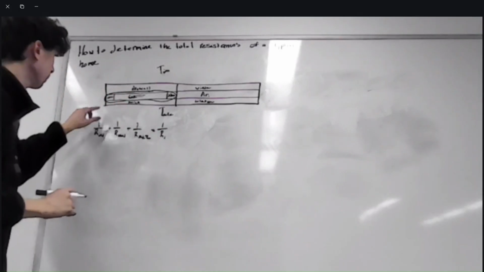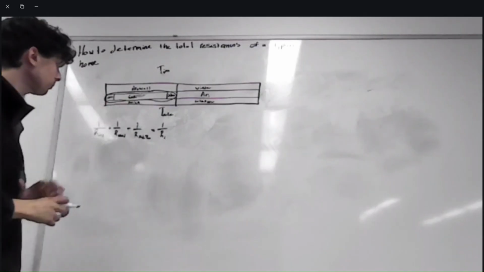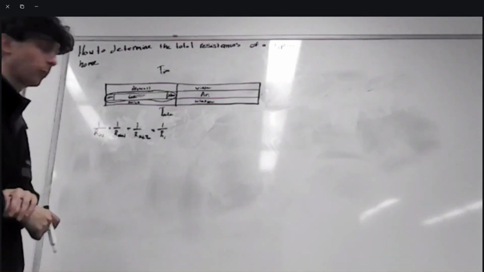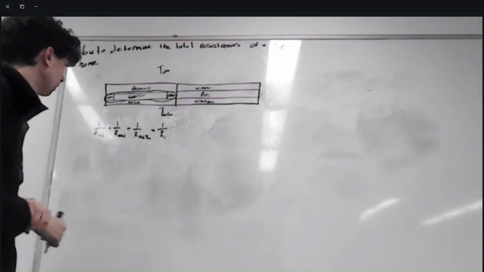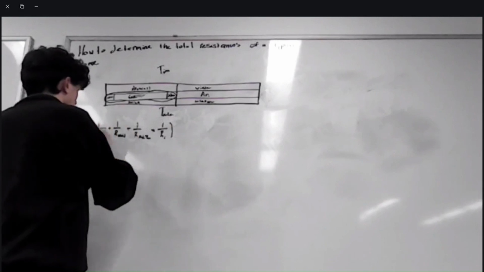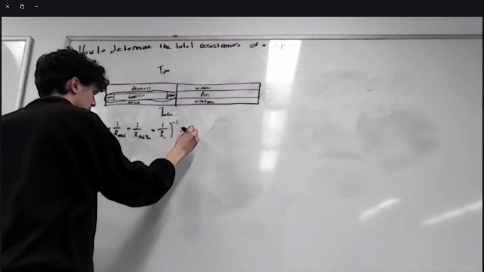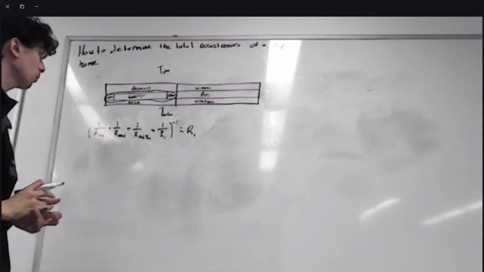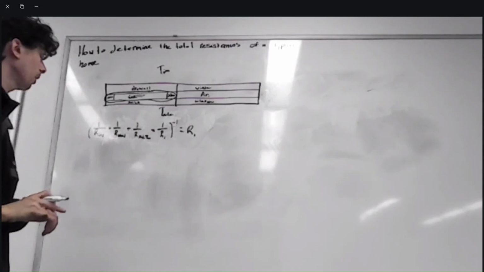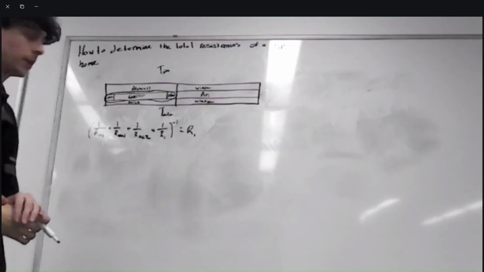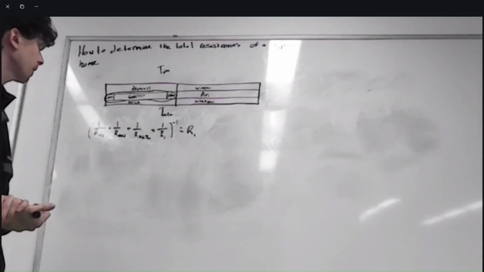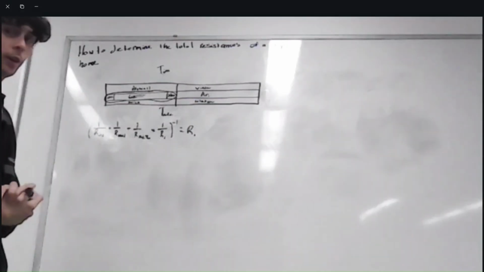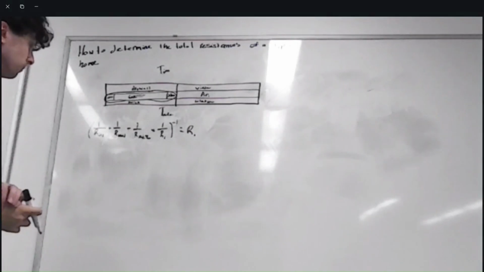So now we have our three resistances in parallel, and the layers are the outside air, the brick, our resistance 1, our drywall, and then our inside temperature.